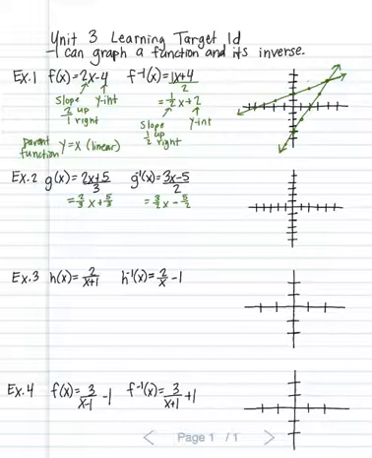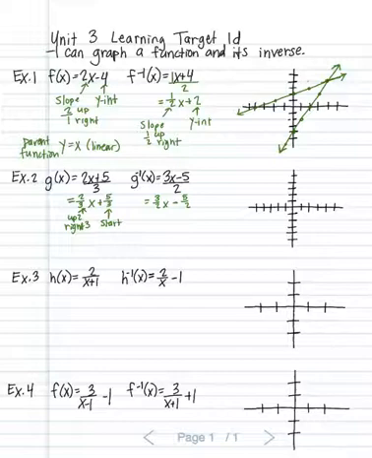Alright, now our graph on this one's going to be a little bit weird because we're not looking at whole numbers. Just do your best. It's a sketch. It doesn't have to be perfect. But we know that this is our starting point, and this tells us to move up 2 and right 3.